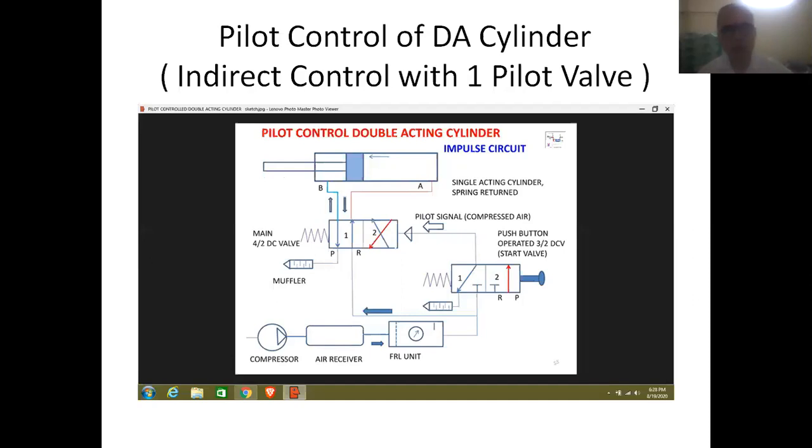So friends, this is the arrangement of a pilot valve that is used for controlling the operation of a double acting cylinder. Here we can identify the various components essentially used for operating the circuit.